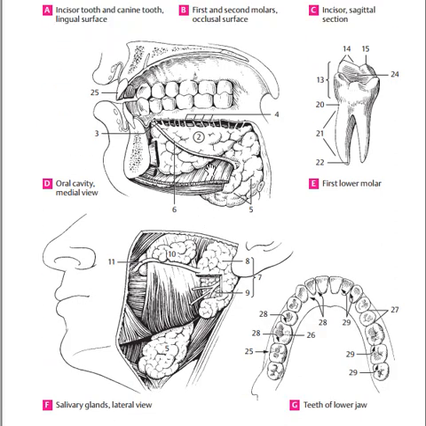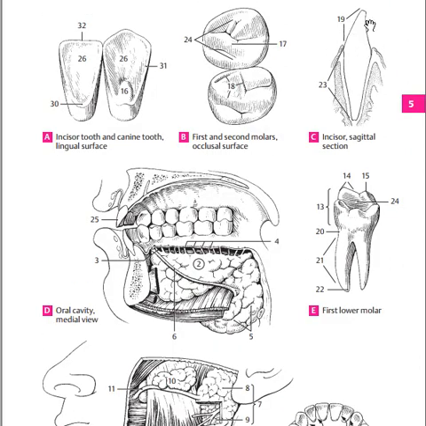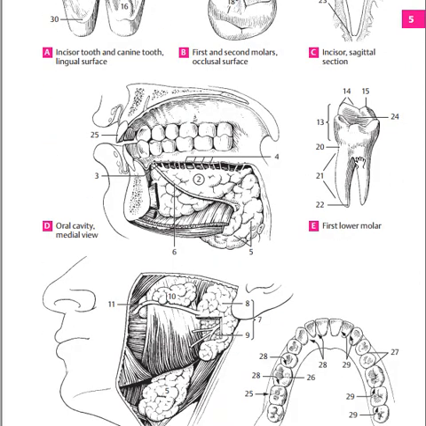Now after visualizing it, this is the crown and the root of the incisors, and this is the crown and the root of the molar. The first two molars have two roots, while the third molar has three roots.